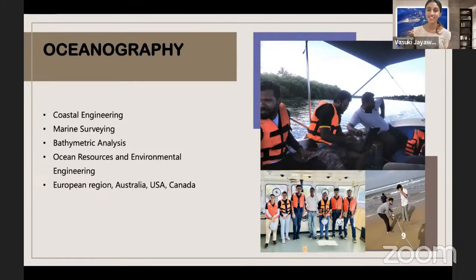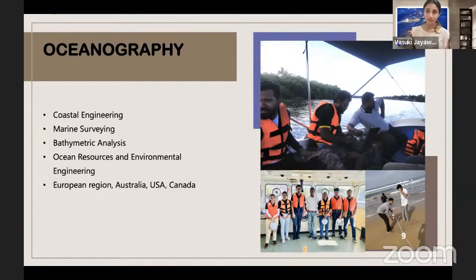You can see what's there inside. And then when it comes to deep sea resources, the minerals in the sea, mining and dredging is a completely different area that we are learning in this minor. Ocean resources engineering also goes hand in hand with some environmental engineering concepts.